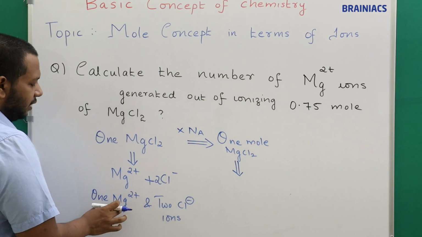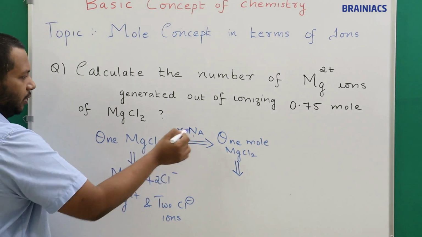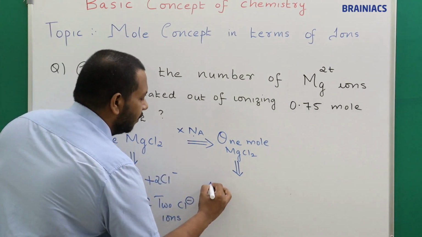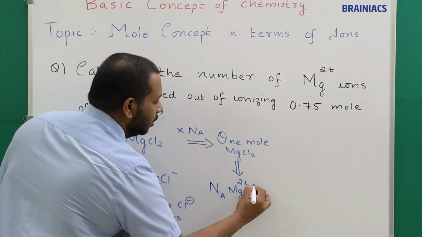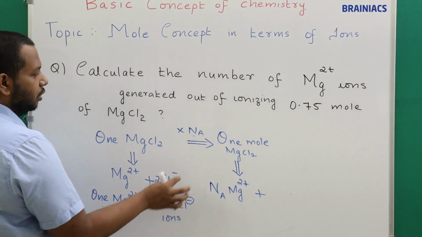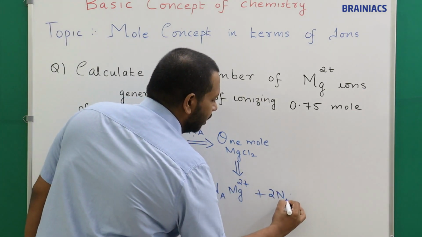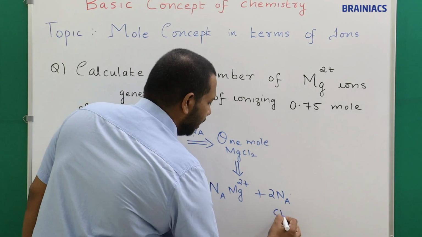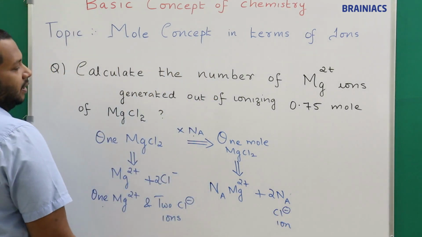Same thing you multiply here. This will become 1 into Avogadro number of Mg2+ ions plus 2 into Avogadro number of Cl- ions.